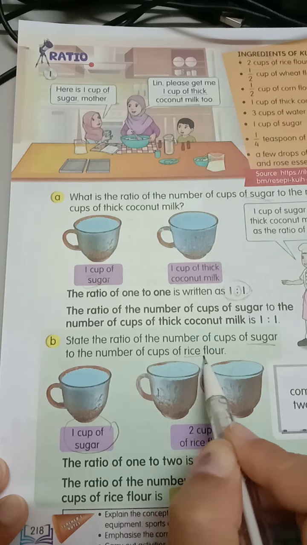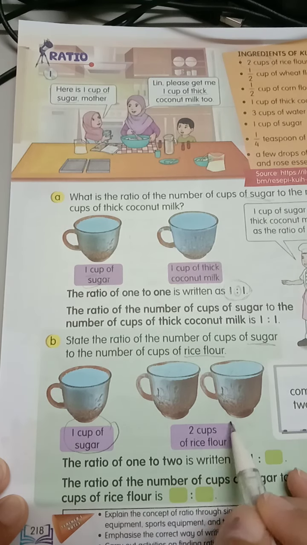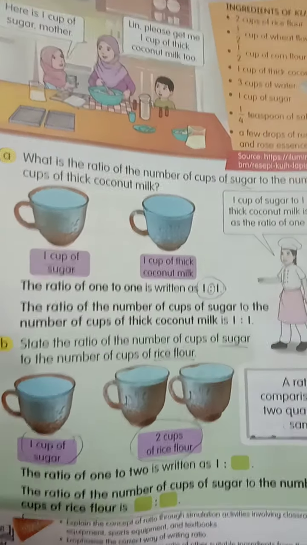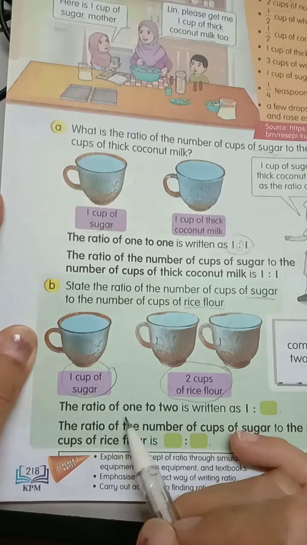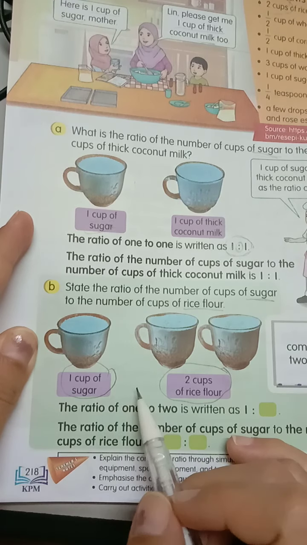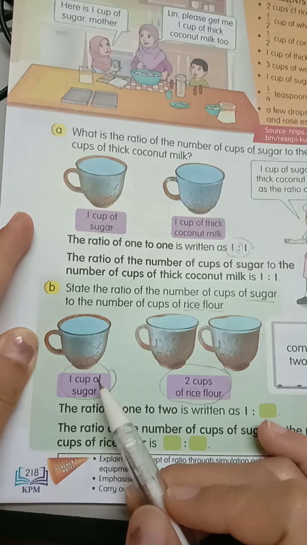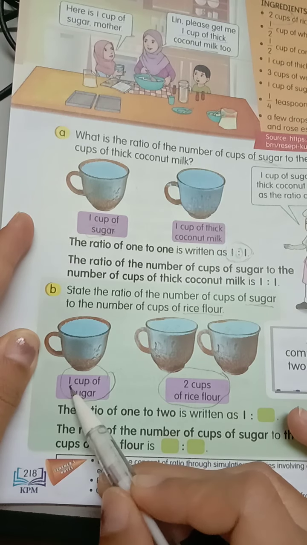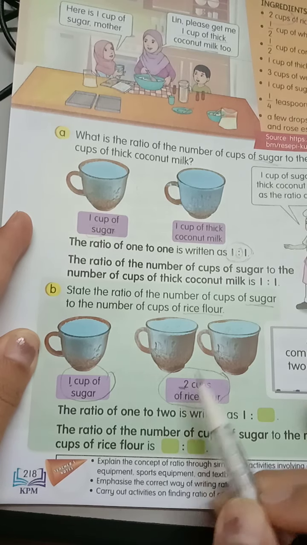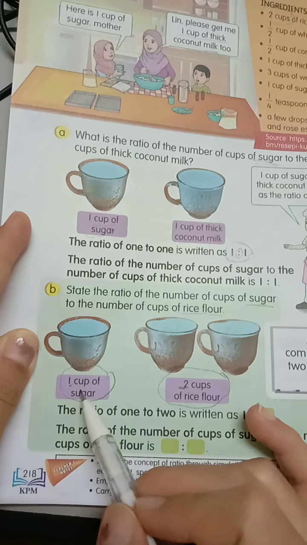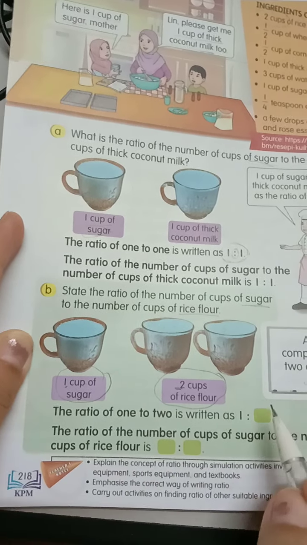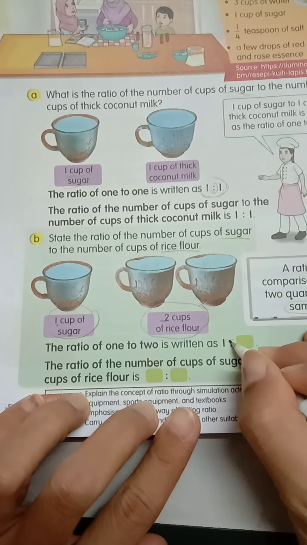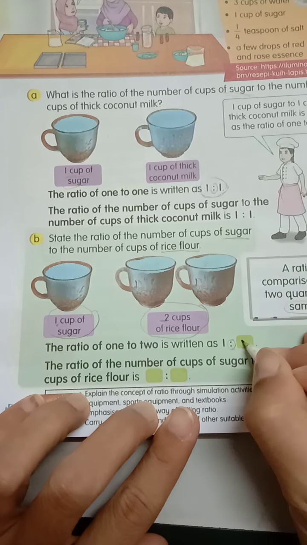And rice flour is mentioned next, so this should be next. That's why if you look at here, the ratio of 1 to 2. So we write 1 first because it is mentioned first. Okay, so the ratio of 1 to 2 is written as 1, don't forget this mark, and here is 2.